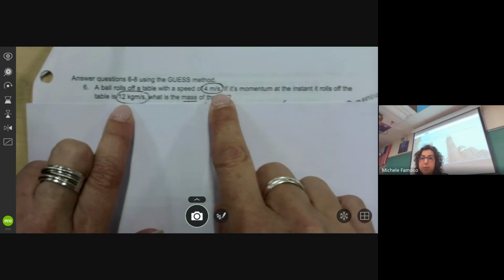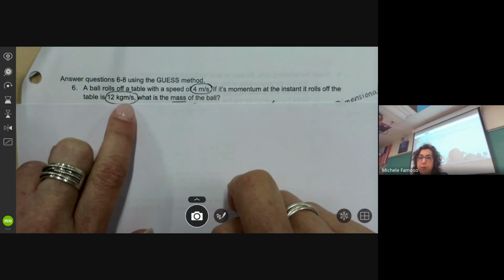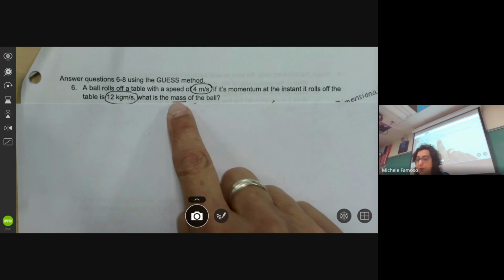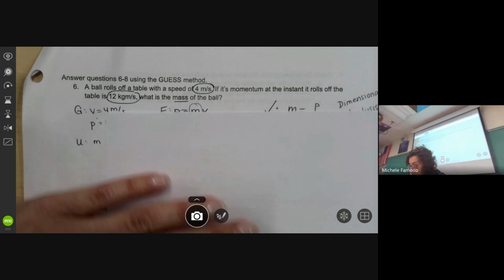All right, 6 through 8, we're going to use our GUESS method. So in number 6, these are the values that I'm being given, 4 m over s and 12 kg m over s. I'm asking you for mass. This comes from the mechanics page of the reference table.